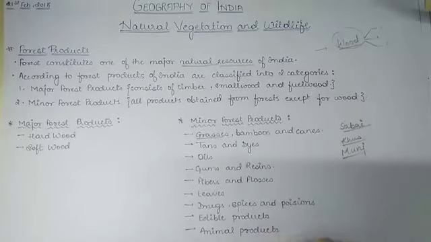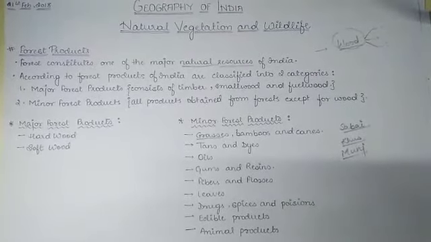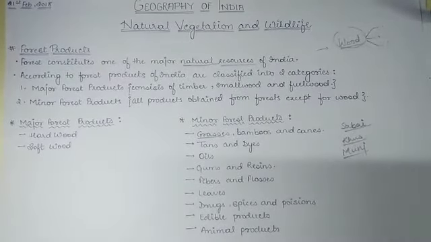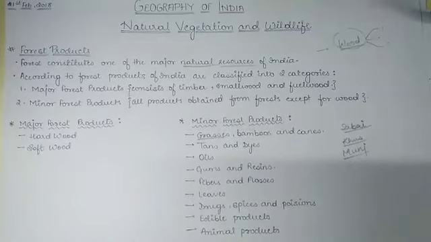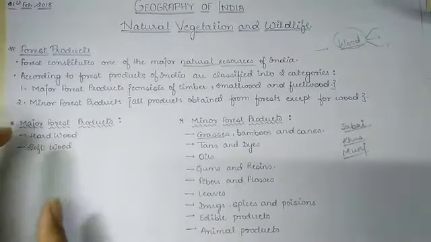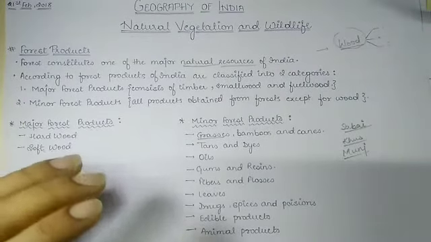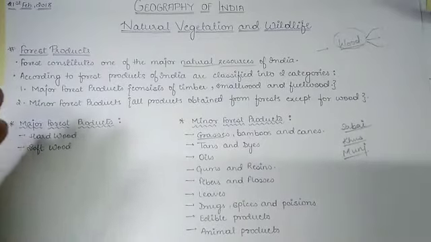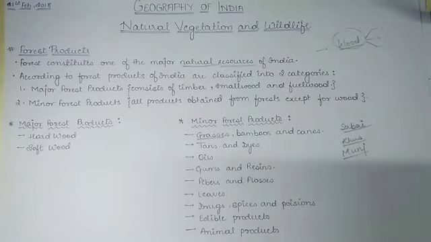Bamboos are also known as poor man's timber. Why are they known as poor man's timber? For roof and furnishing, we mainly use hardwood as timber. But in poor families, the roofs of the houses are constructed with the help of bamboos. So bamboos are used as cheap materials for roofing, walling, flooring, matting, basketry, cartwood, and other things.